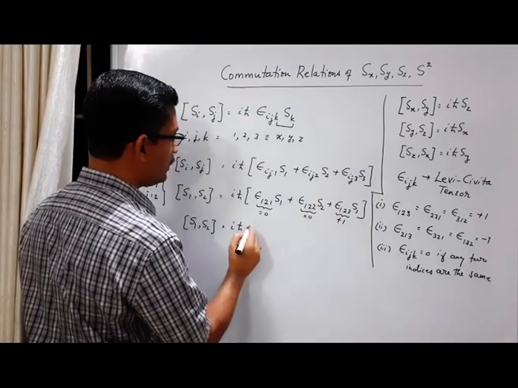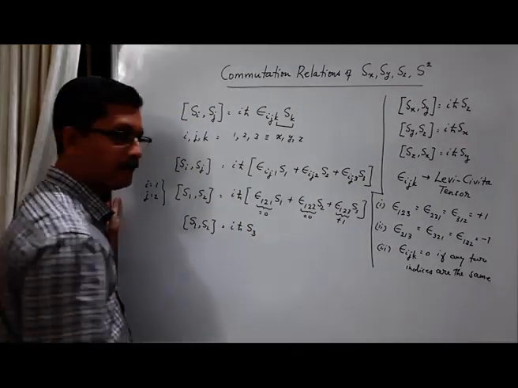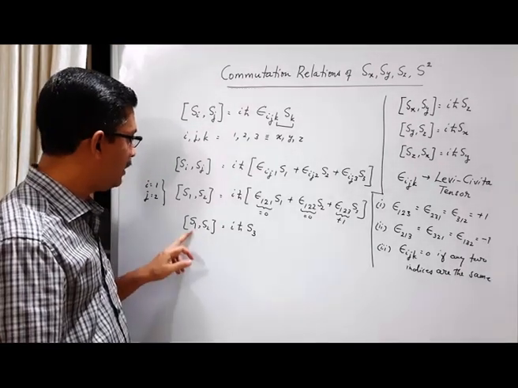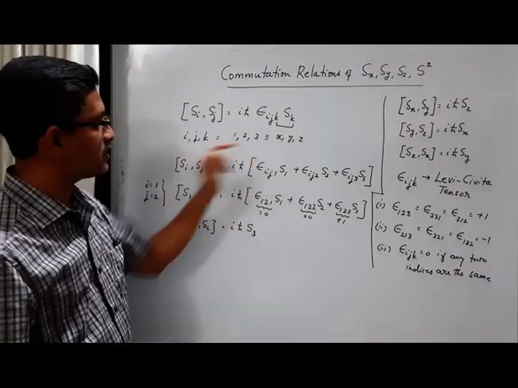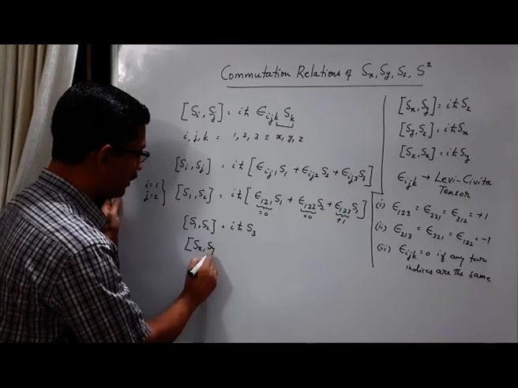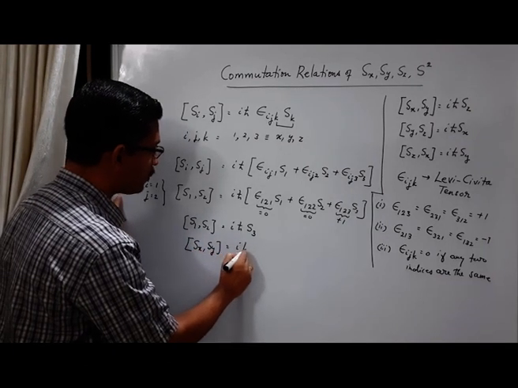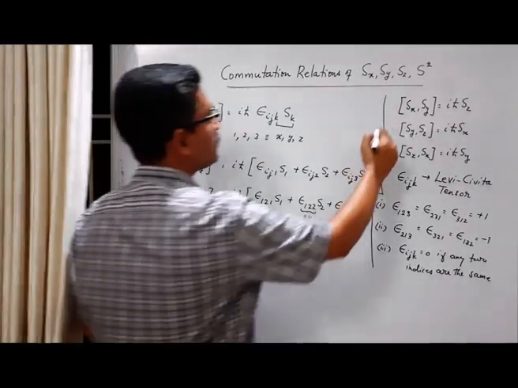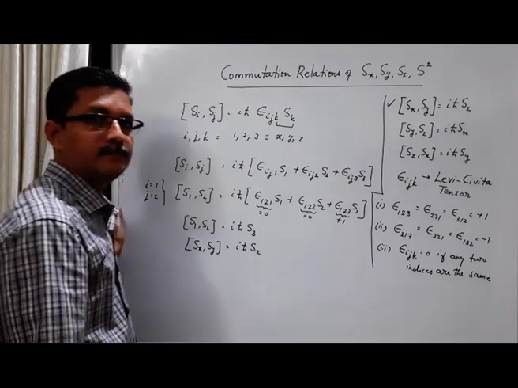So what you get? S1 comma S2 is equal to i h cross times S3. If you use this notation, this is the same as Sx comma Sy is equal to i h cross times Sz. That means this relation is there.